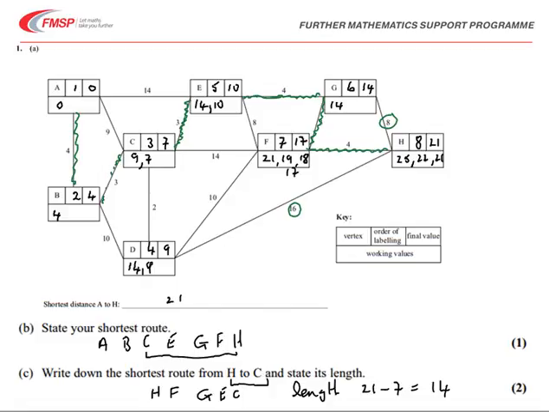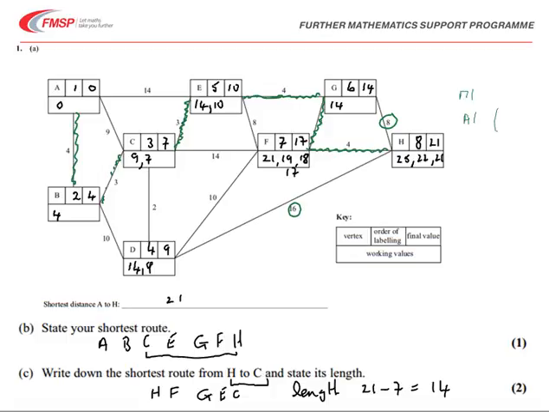The marking for these parts of the question, there was an M1 mark as long as we saw some replacement of values, those temporary working labels changing. And then there were a series of A marks depending on how far through you got through the question.